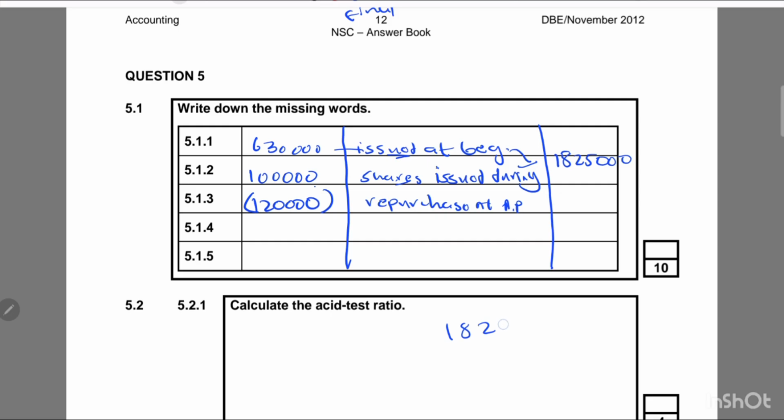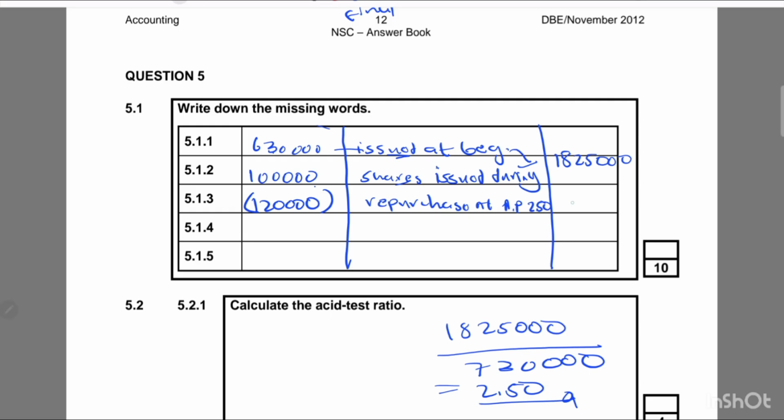The amount is 1,825,000, and the total number of shares issued is the 630 plus the 100, which is 730. On my calculator it's going to be 250. So the average price is 250. Then it's 250 multiplied by 120, which is 300,000 here in brackets.